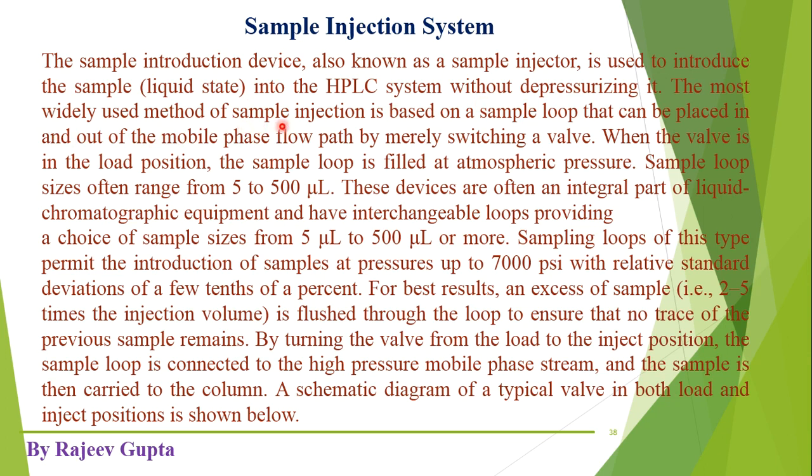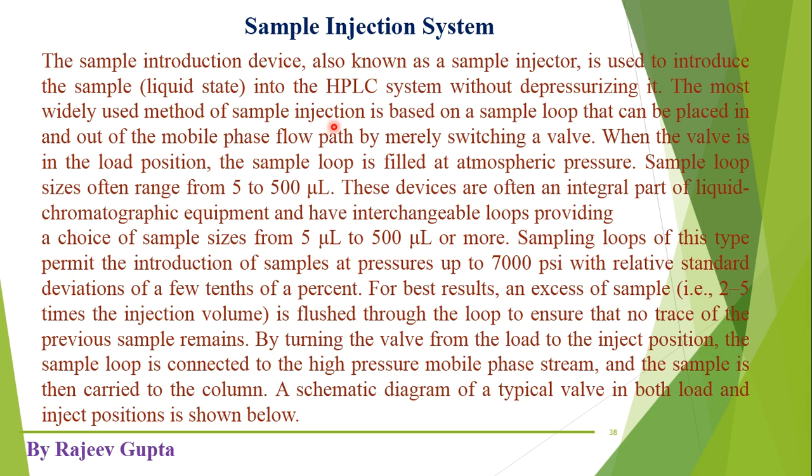The most widely used method of sample injection is based on a sample loop that can be placed in and out of the mobile phase flow path by merely switching a valve. So using a special type of valve or assembly we can inject this sample. Here a sample loop is used which is present outside the main stream of mobile phase.